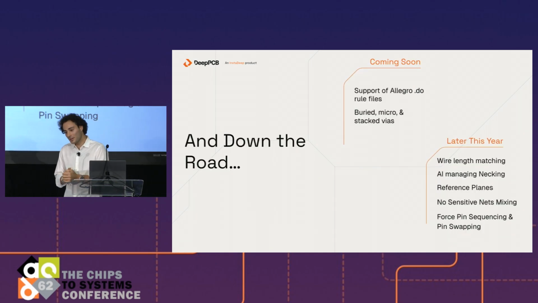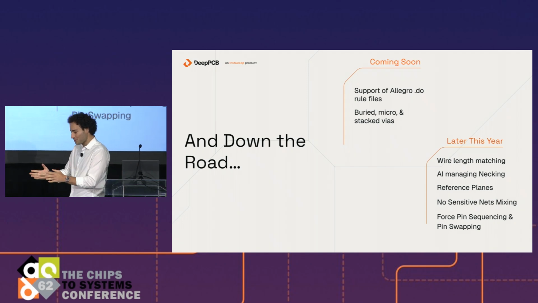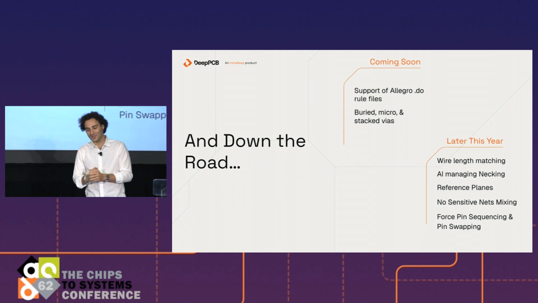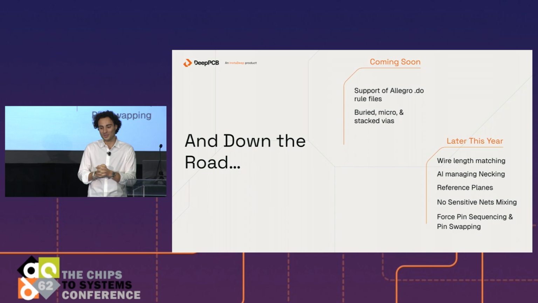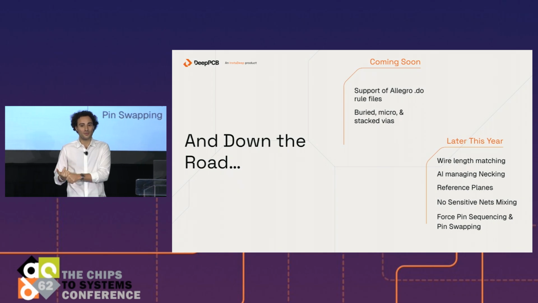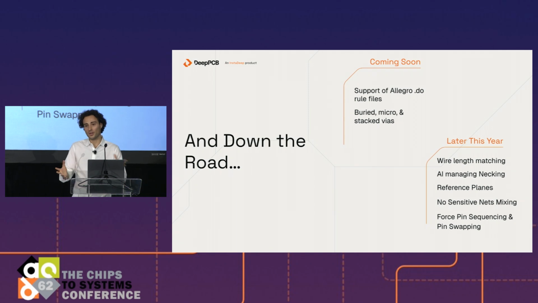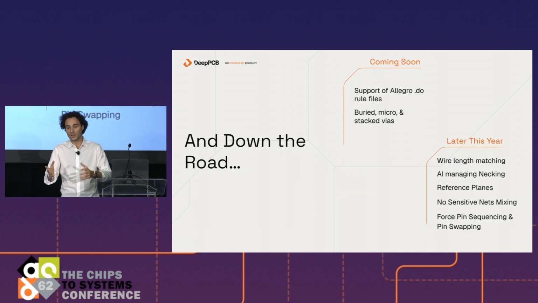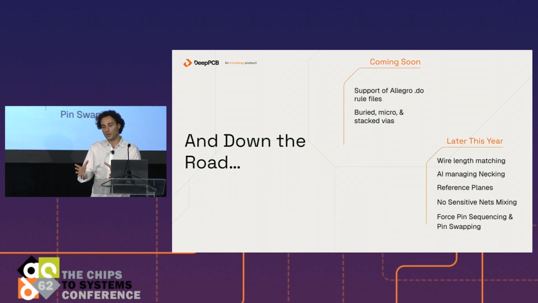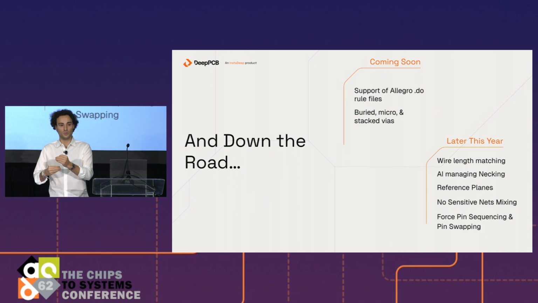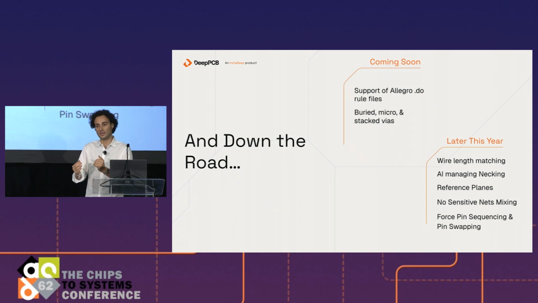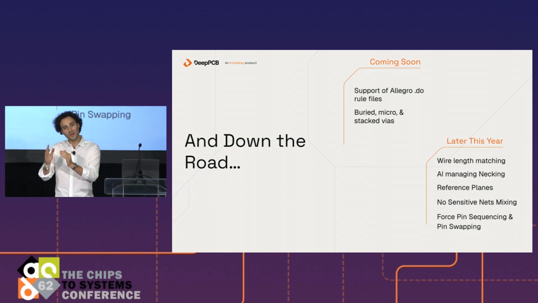In the future, there's the near future and there's the long-term future. We're going to try to add a few more things to DPCB. So one of them is supporting Allegro rule files. Right now, of course, we get the Allegro export as a DSN Spectra-like, but you can also have some additional rules that are usually on clearances and things like that that we are almost supporting.